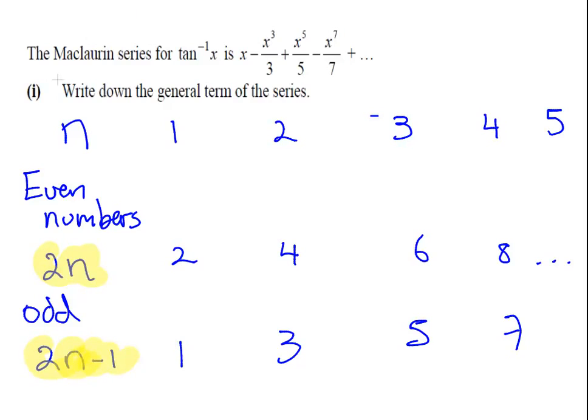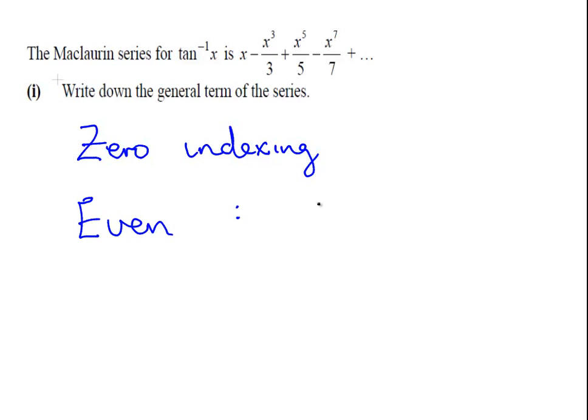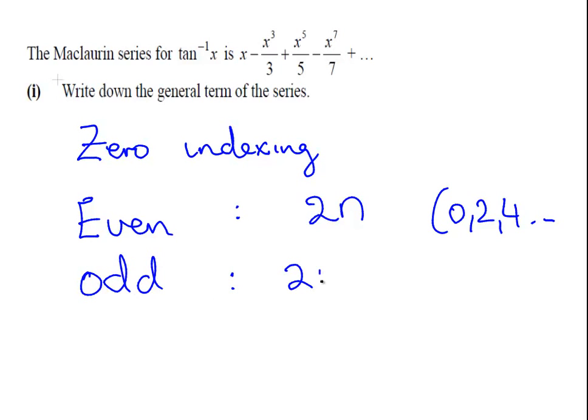Now, if, for argument's sake, you were dealing with zero indexing, even numbers would be 2n. That counts 0 as an even number, so that would be 0, 2, 4, and so on. And odd numbers will be 2n plus 1, 1, 3, 5, and so on.